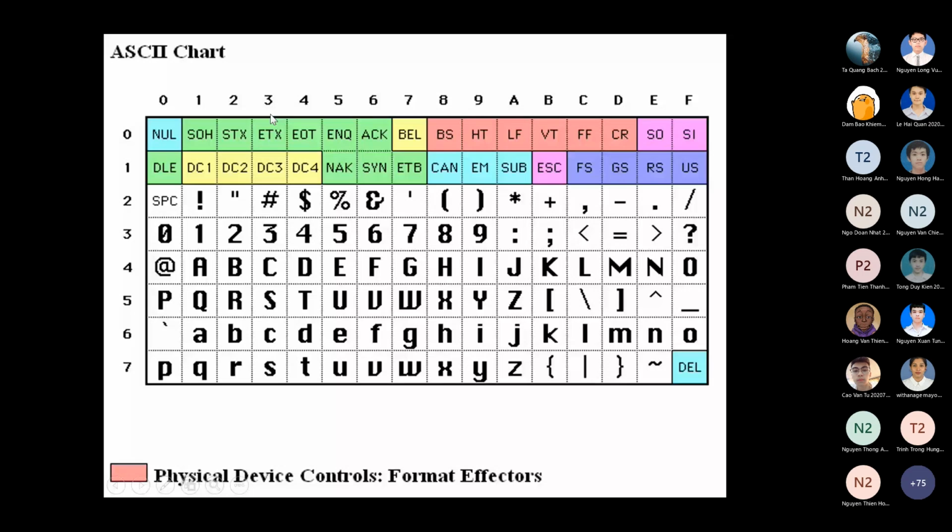It means when we type the key C on the keyboard, we will generate a series of binary digits 4 3. 4 means 1 0 0, right? And 3 is 0 1 1.